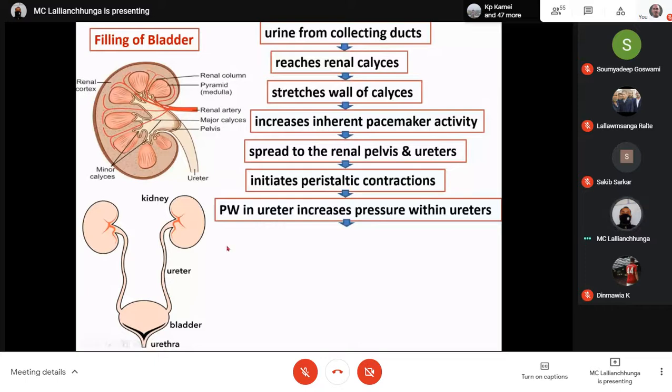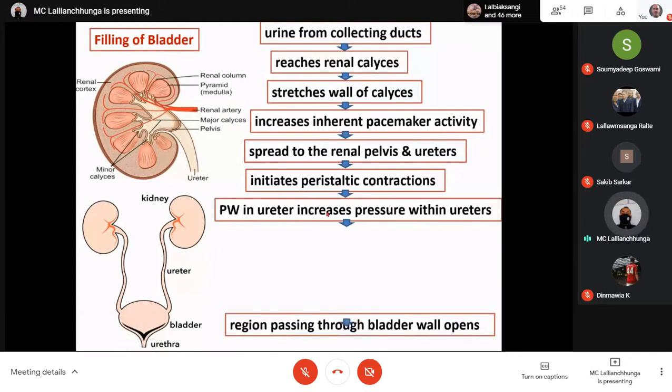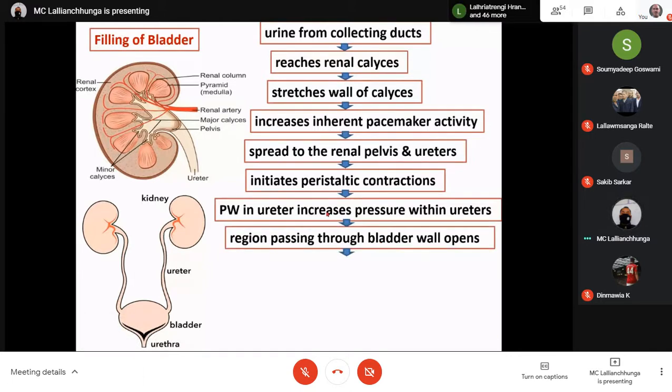And this peristaltic wave in the ureter increases pressure within the ureter. So it is clear that when there is contraction in the wall of the ureters, pressure will be increased ultimately, and the region passing through the bladder wall will open.